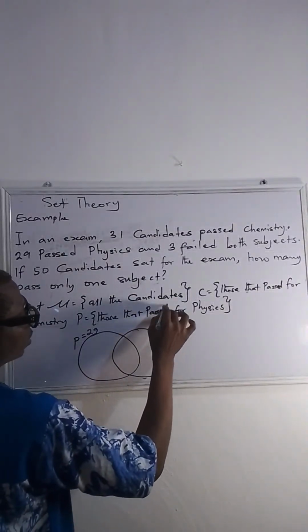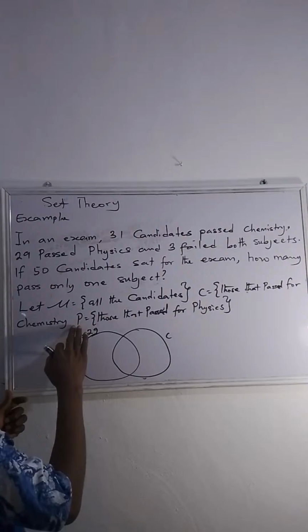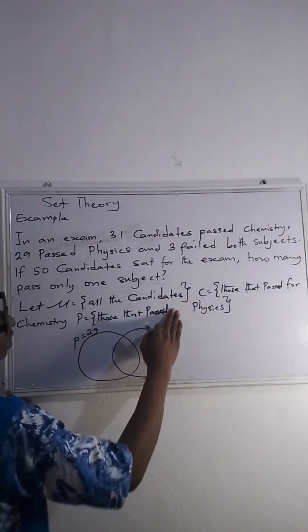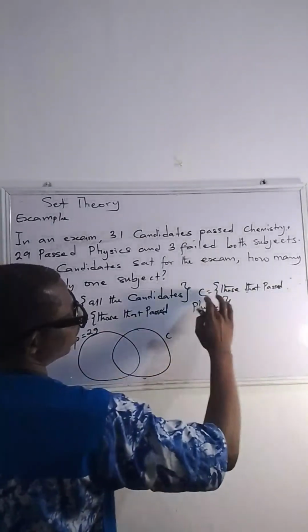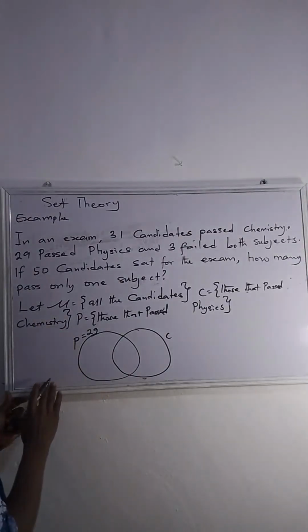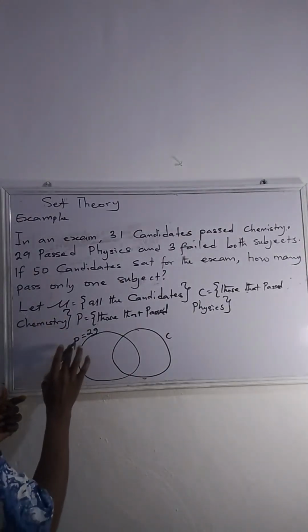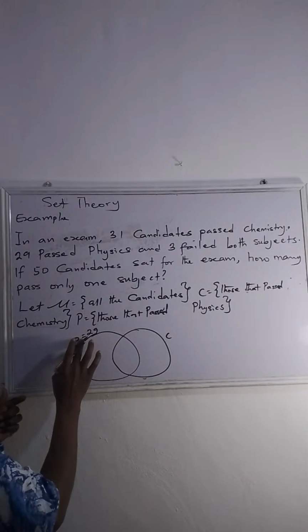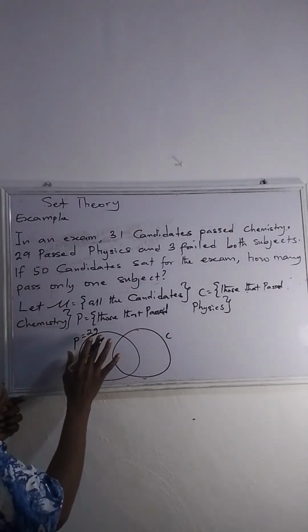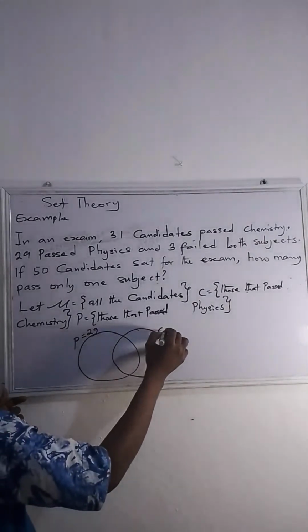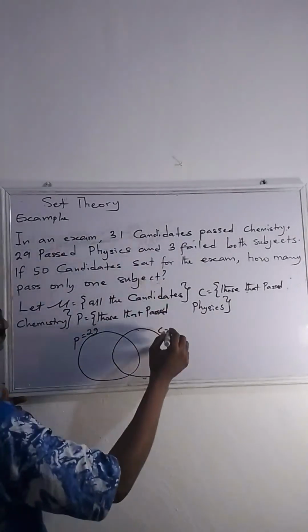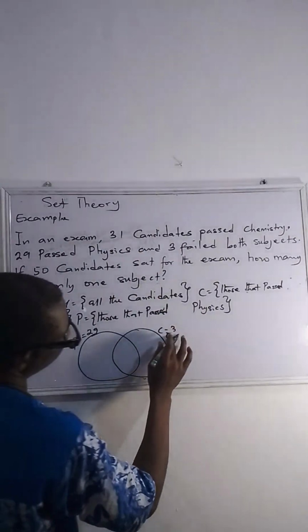So P is the set of those that passed physics, and C is the set of those that passed chemistry. So now P is the set of 29 students, and C is the set of 31 students.